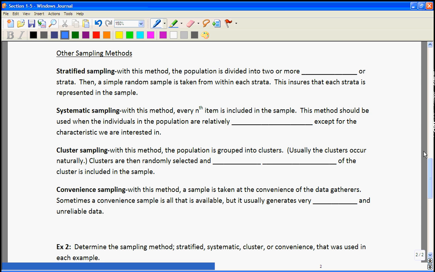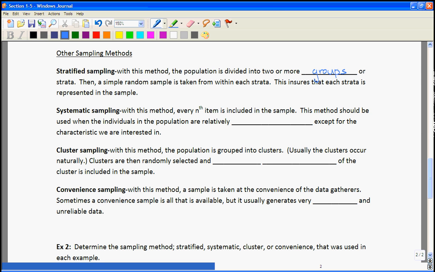Stratified sampling. With this method, the population is divided into 2 or more groups, or what are called strata. Then a simple random sample is taken from within each strata. So with this sampling method, we really want to make sure that each distinct group is included in our sample.